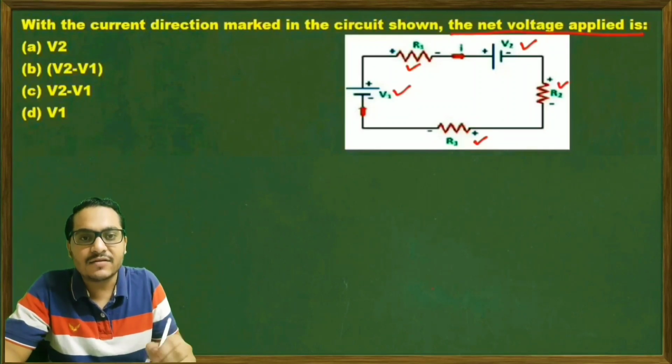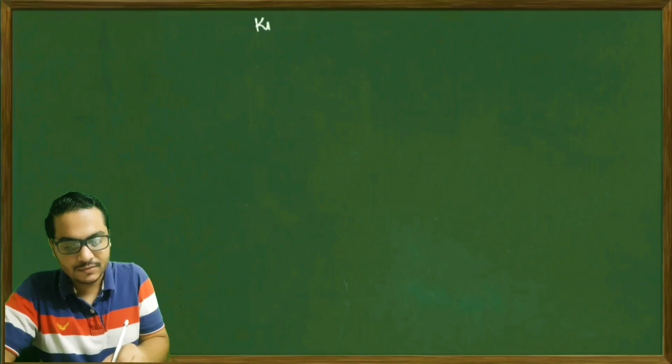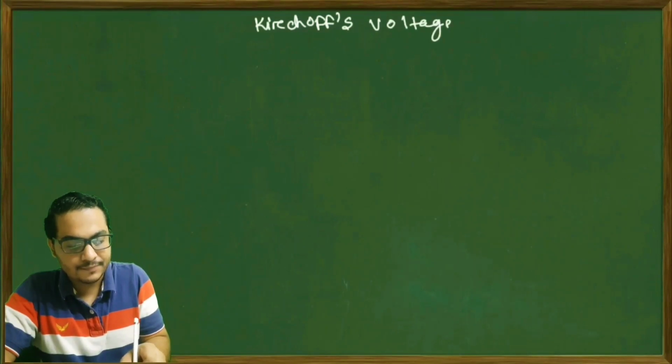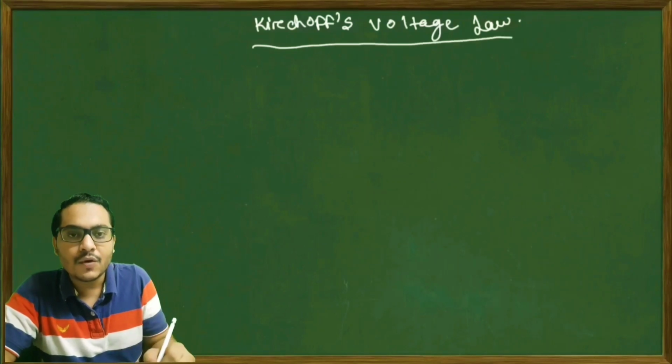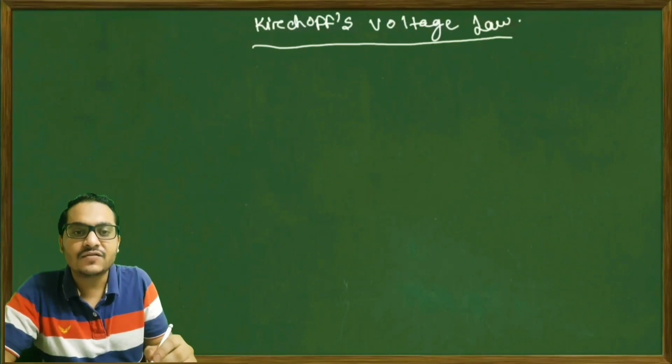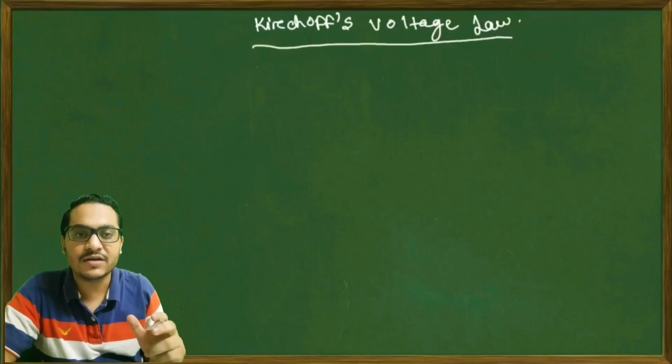In order to answer this question, you should know the basic concept of Kirchhoff's voltage law and Kirchhoff's current law. Now let's discuss what is Kirchhoff's voltage law. Kirchhoff's voltage law states that in any closed loop, the sum of total voltage is 0.